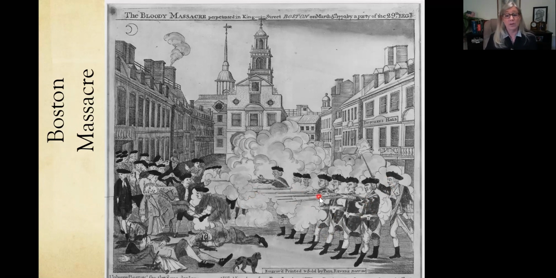These soldiers are going to be arrested, and the colonists want them to be put to death for murdering colonial citizens of Boston. And it ends up being this spectacle of a trial. And John Adams is going to be the lawyer who ends up representing the soldiers.